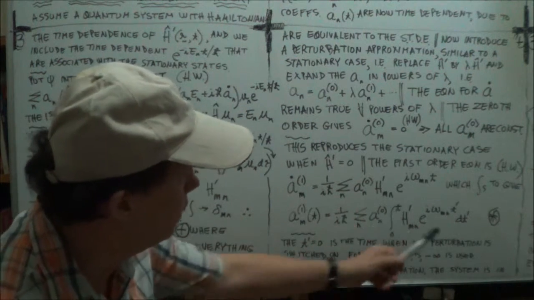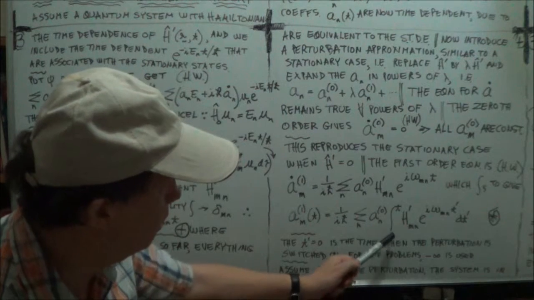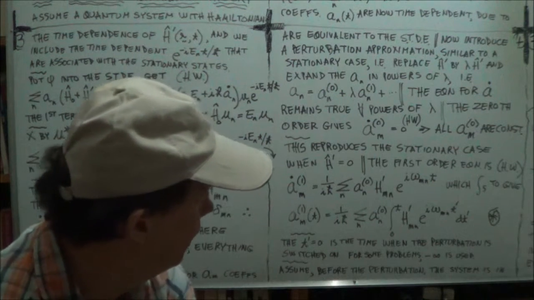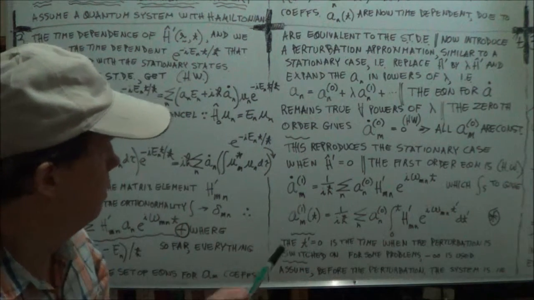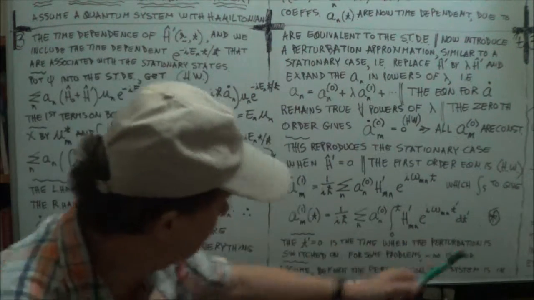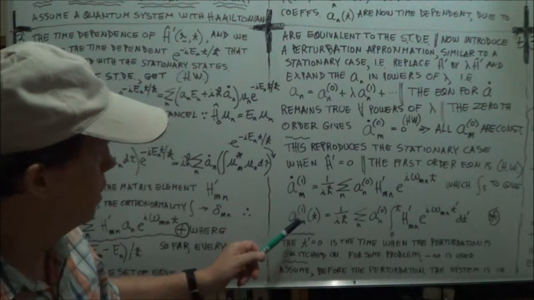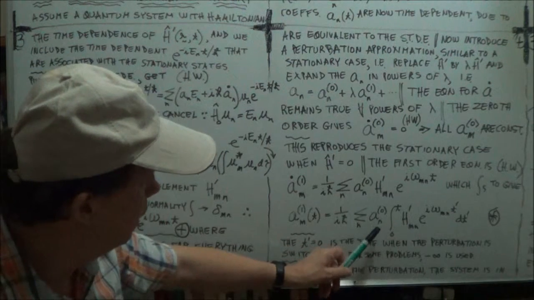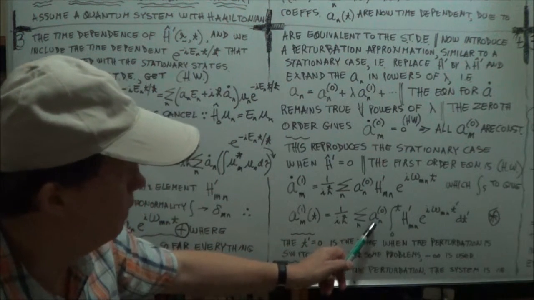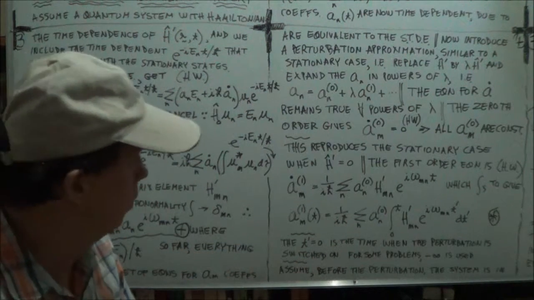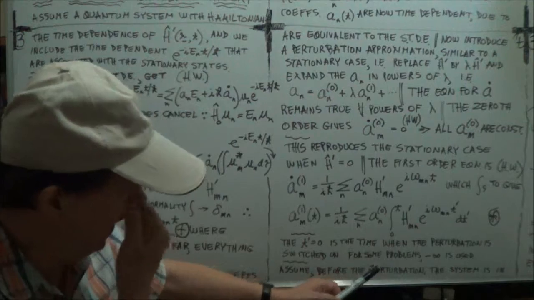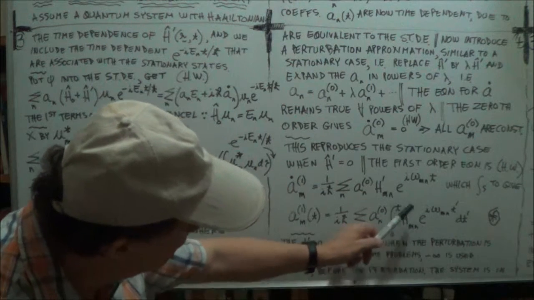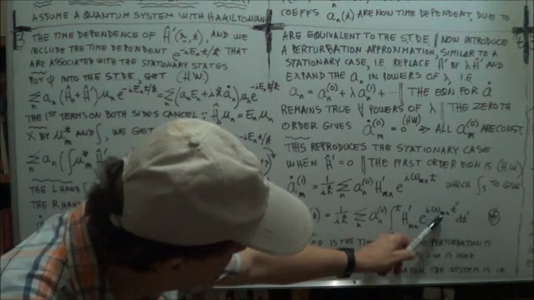Now for some problems it depends on the context. You might have a limit here of minus infinity. It depends on the context. Okay? So you've now got a formula, star circle, for the first order corrections in your A, depending on time, in terms of several things: the 0th order A's, and an integral involving the mnth element of your perturbation matrix times this exponential term with the omega mn.